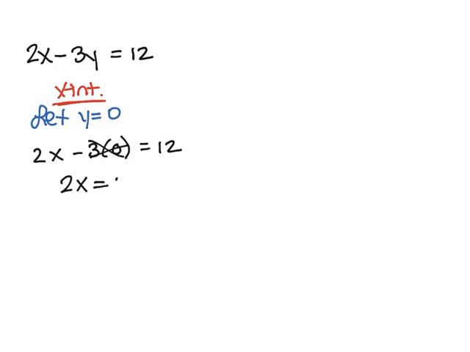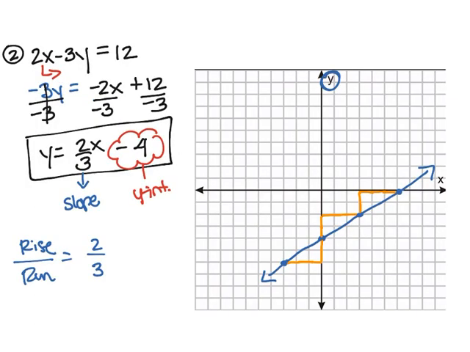So you just have 2x equals 12, and when you divide by 2, x equals 6. So that means that this line is going to cross the x-axis at 6. Well, if we look at our line, we got 1, 2, 3, 4, 5, 6. Surely does. Our point does cross the x-axis at 6.